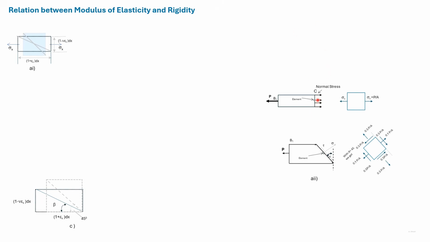An element aligned with the perpendicular section was subjected to the stress sigma x, which was given as P divided by A. We then rotated the element and found the stresses acting corresponding to different oblique planes. So this is the case where the element has been rotated by 45 degrees and the stresses acting on the element are as shown.